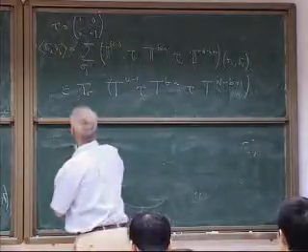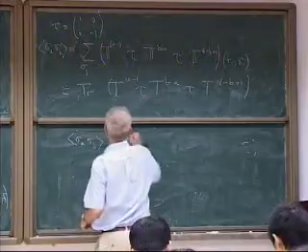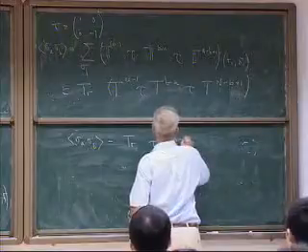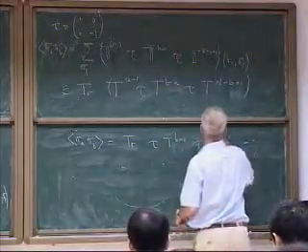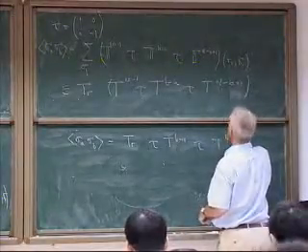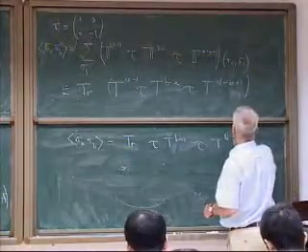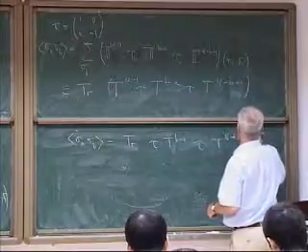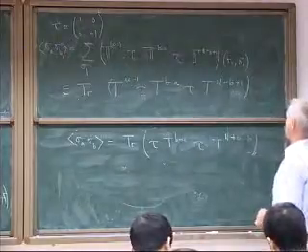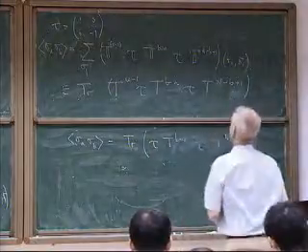Sigma A, sigma B equals the trace of tau, T to the B minus A, tau, T to the N plus A minus B. Because of the cyclic invariance, I can bring this here, and I have this.